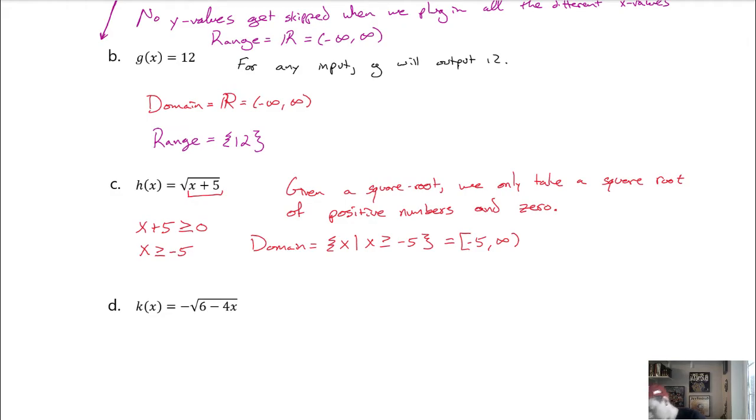All right. For the range, I have to think about, okay, the inside of this square root, like if x is negative 5, the inside would be 0. If x equals negative 5, then we have the square root of 0, which equals 0.